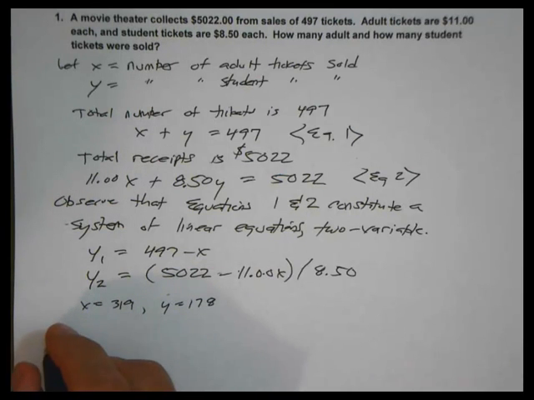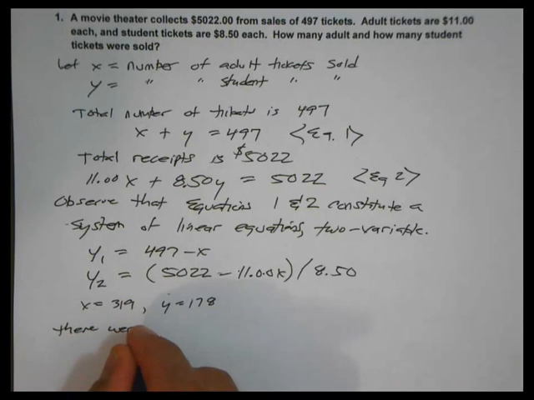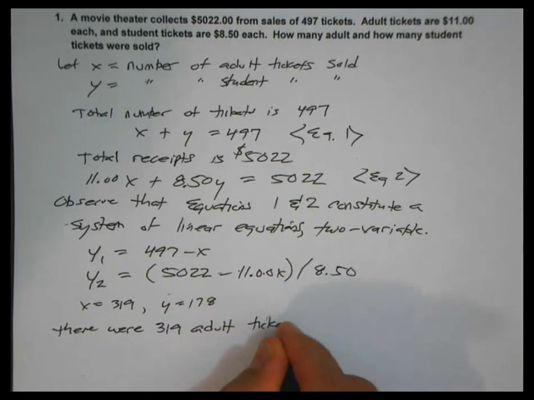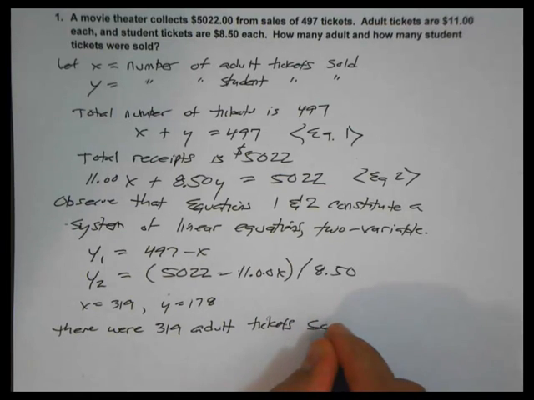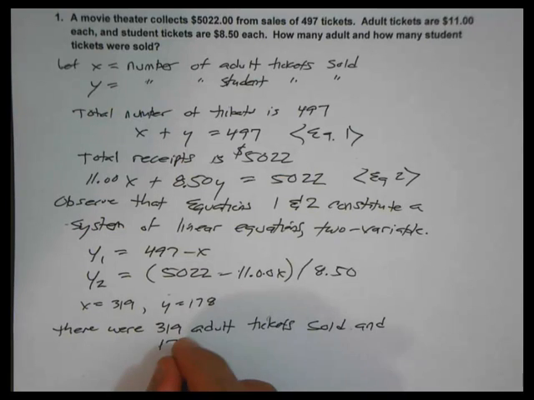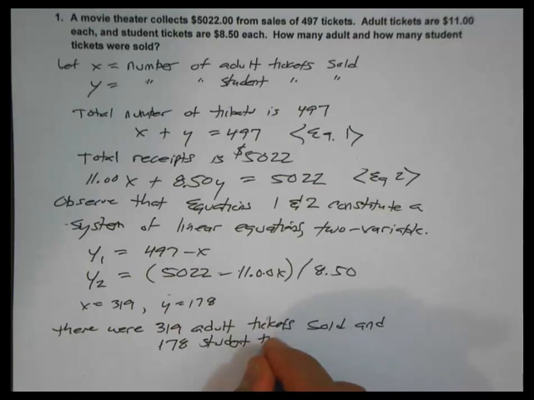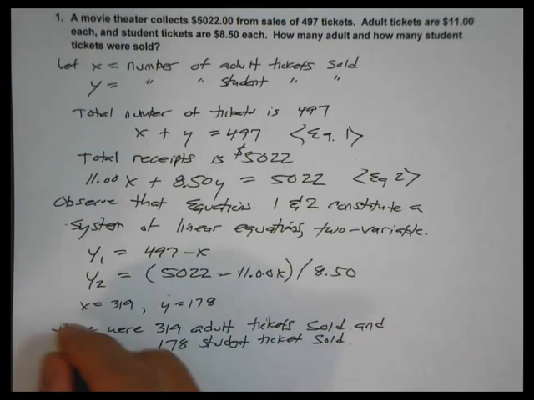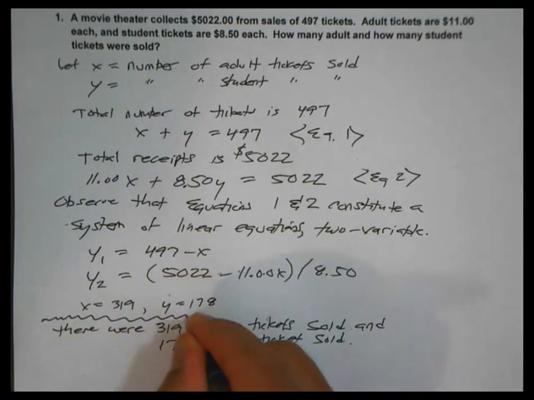So we apparently believe that there were 319 adult tickets sold and 178 student tickets sold. Now this would be the major conclusion of the problem.